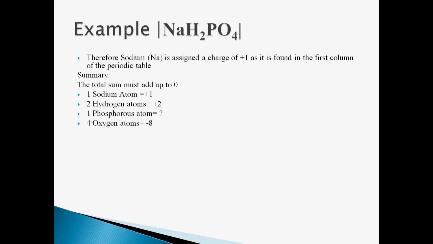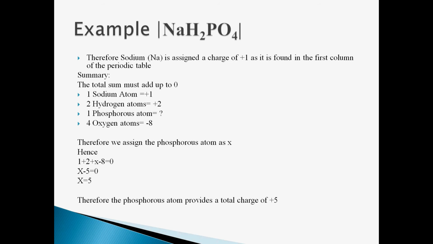This one unknown is the phosphorus atom. Remember, it must add up to a total of 0. Therefore, we can assign the phosphorus atom as X, as there is only one phosphorus atom. Hence, 1 plus 2 plus X take 8 equals 0. X take 5 equals 0. X equals 5. Therefore, the phosphorus atom provides a total charge of +5.